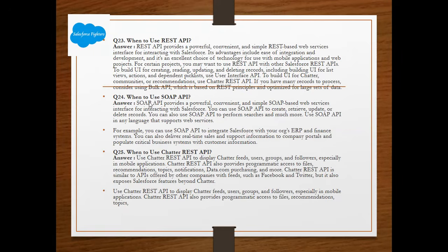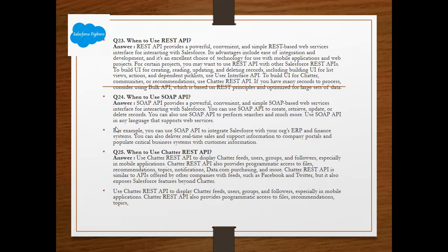Next question: when to use SOAP API? SOAP API provides a powerful, convenient, and simple SOAP-based web services interface for interacting with Salesforce. You can use SOAP API to create, retrieve, update, and delete records. You can also use SOAP API to perform searches and much more.